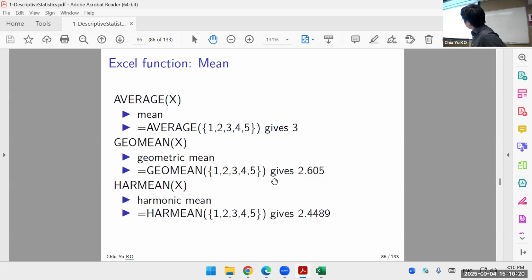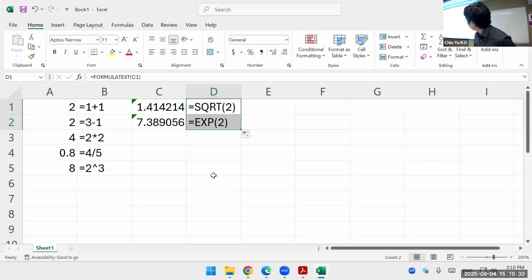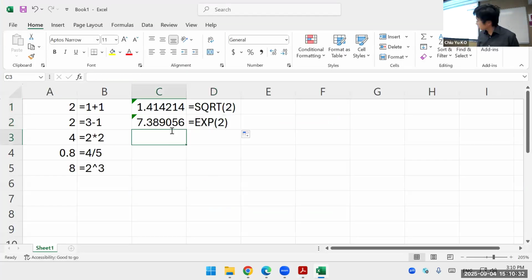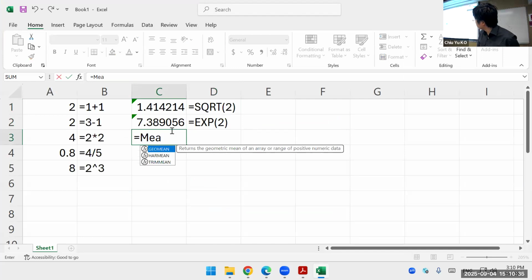Instead, I want to spend time talking about average, because this is the mean. Mean is going to give us the mean, as we know. So for Excel, if you want to calculate the mean, it's average.